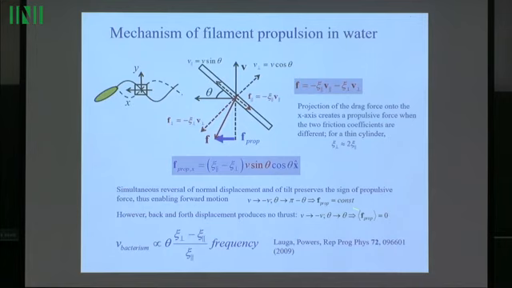And then from here you can also infer that the velocity of the bacteria does not depend much on the absolute value of the viscous friction. It depends mostly on the difference between the coefficients of viscous resistance, perpendicular and parallel.